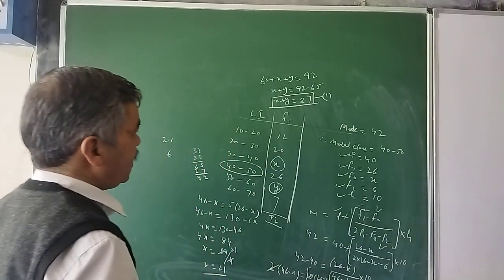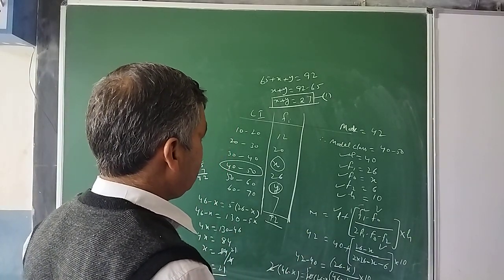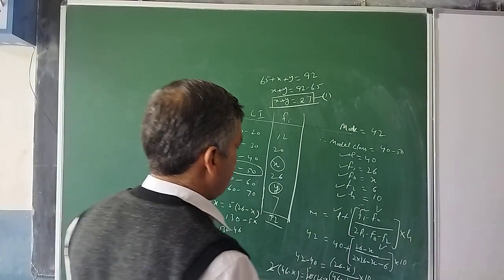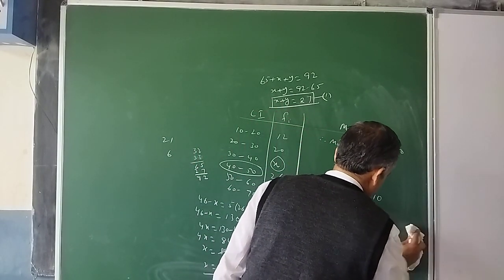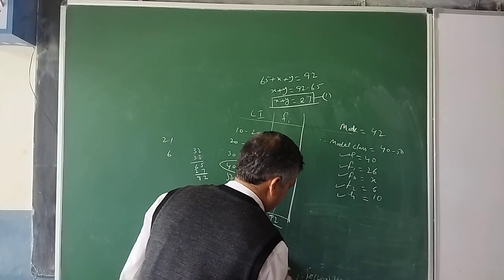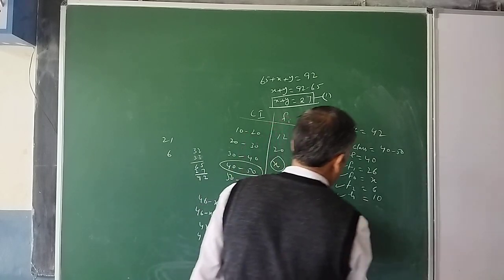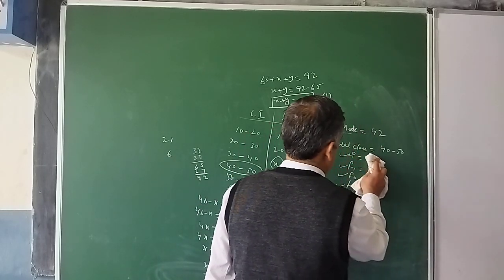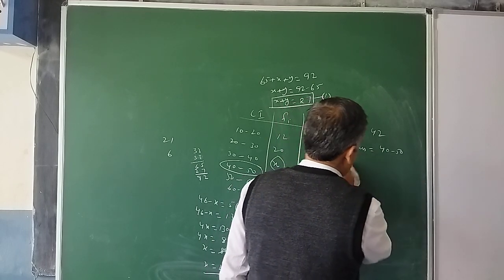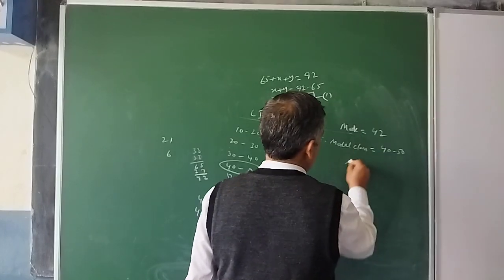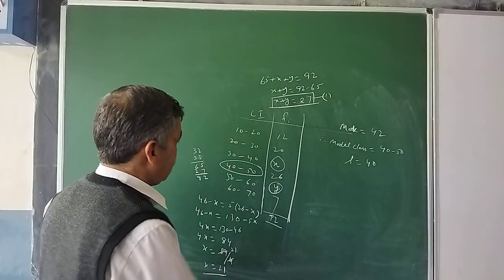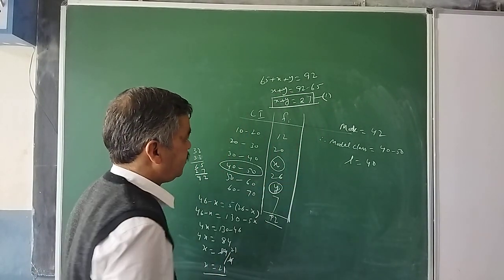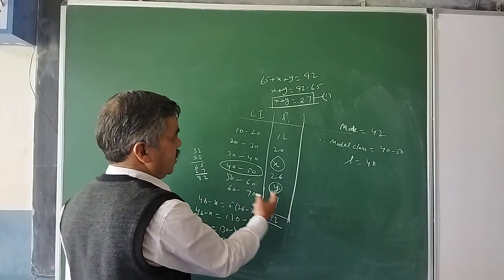And similarly, again the mode is equal to 42. So I know now the same procedure I need to follow. Let us see what change is taking place here in case of L, F1 and F0. L will remain the same, that is equal to 40, the L of the modal class.